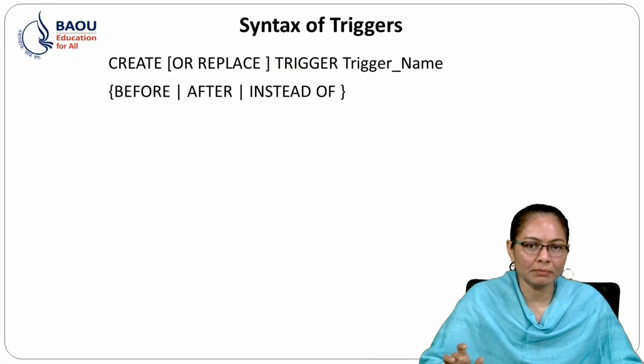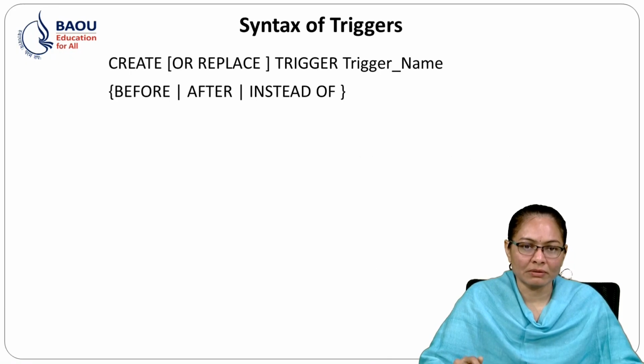And after means after inserting, updating or deleting the records from the table, the trigger will be fired. And instead of is used to create the trigger on a view. Before and after cannot be used to create the trigger on a view. So we can use before, after, or instead of.